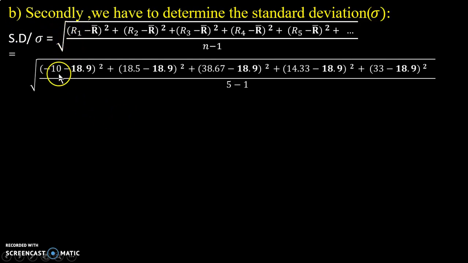From the question, R1 equals minus 10% minus R bar 18.9 whole square, plus R2 equals 18.5% minus R bar 18.9% whole square, plus R3 equals 38.67% minus R bar 18.9% whole square, plus R4 equals 14.33% minus R bar 18.9% whole square, plus R5 33% minus R bar 18.9% whole square, divided by 5 minus 1.